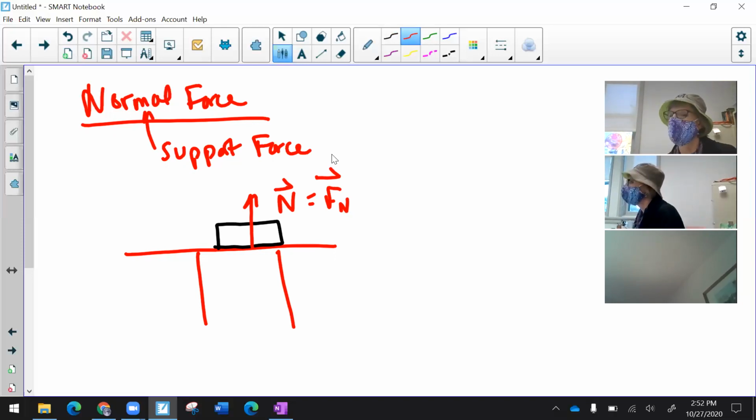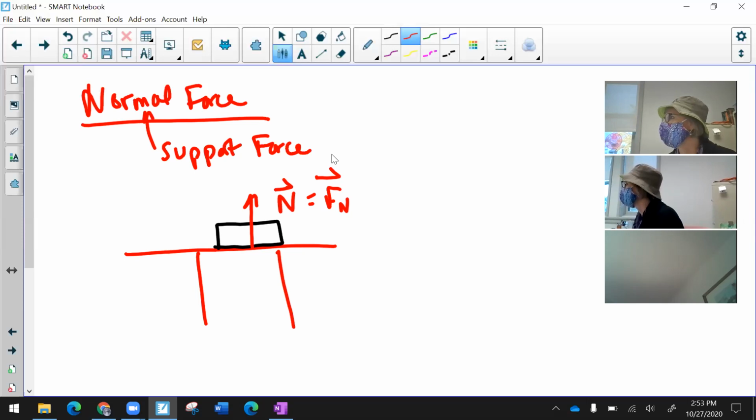It may come up that way in a problem or in something that you read. Please remember that this N is not newtons. It's not the unit, it is a force. And we may refer to it just as capital N if we're talking about its magnitude. It's called a normal force because normal means what?